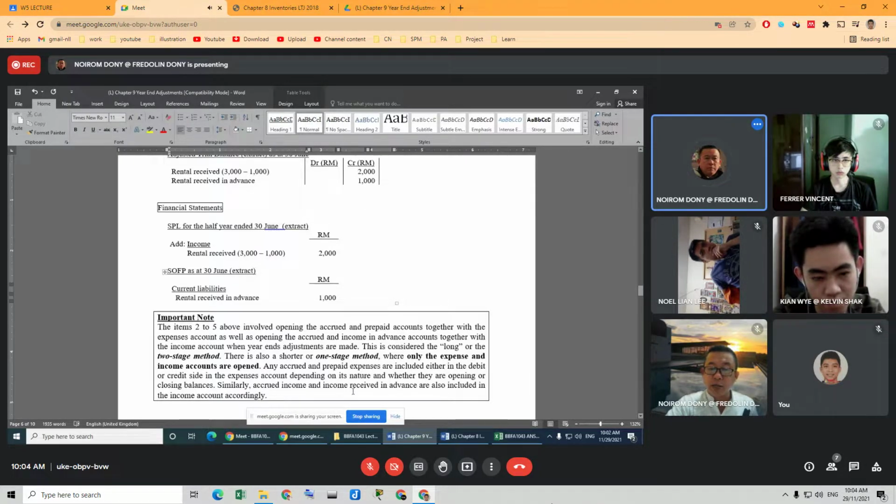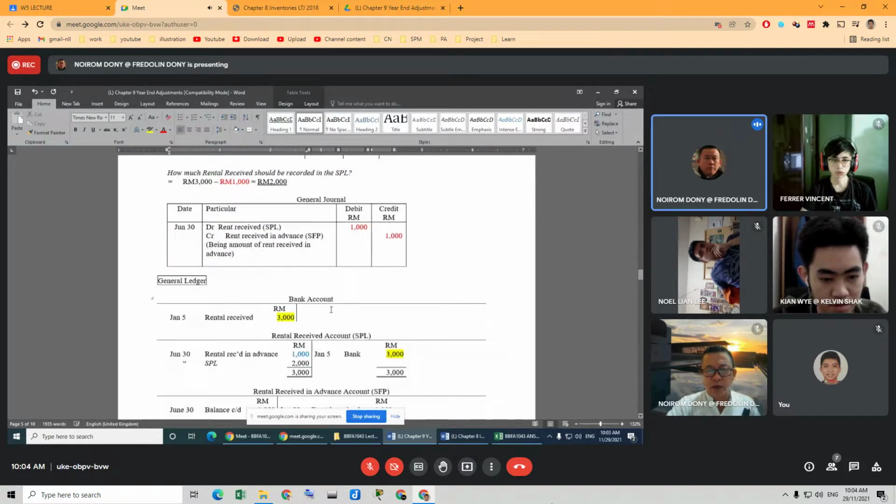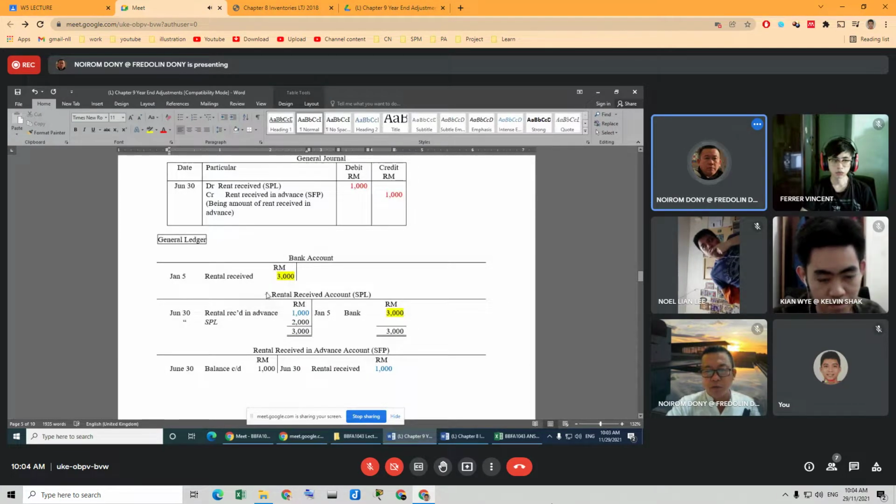Similarly, accrued income and income received in advance are also included in the income account accordingly. So we have two methods dealing with the opening and closing. Because of this, in all this illustration, we are opening two accounts. This is what we call two-stage method.